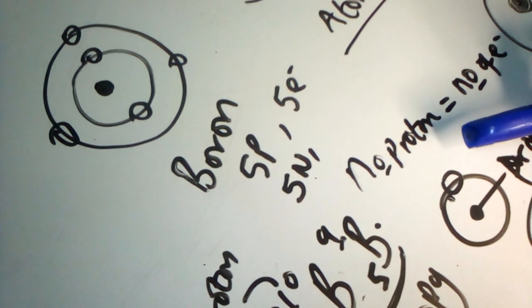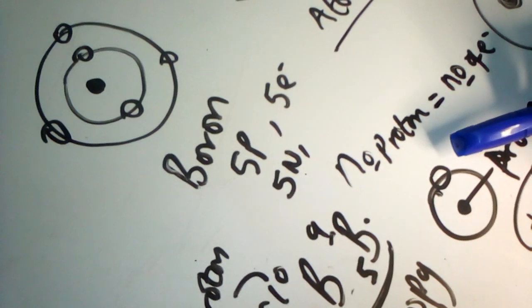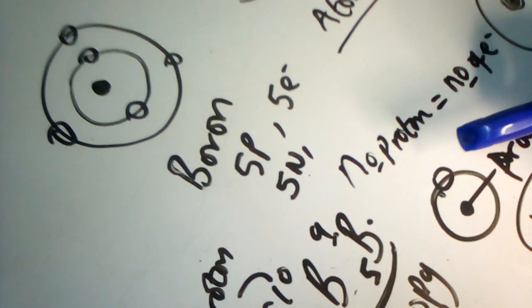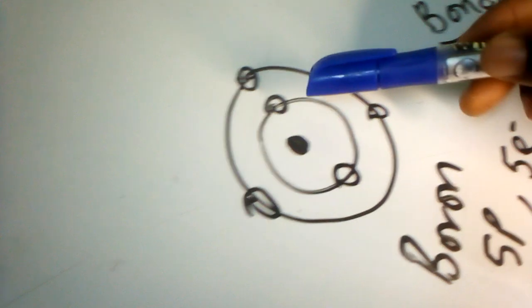When atoms are trying to bond with each other, they are trying to complete the electrons in their outermost shell. What do I mean by outermost shell? This shell is inside, so this is the outermost.